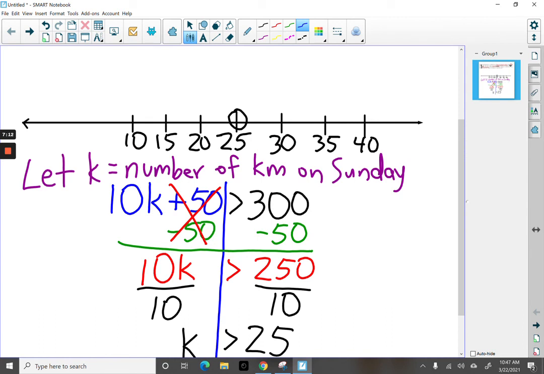So the line we're going to draw is going to be going to the right. And it could include any number because it is possible for Yolanda to walk 100 kilometers. It would be a little crazy, but it is possible, she wants all that money. So there we go. There is the answer to this problem graphed on a number line.